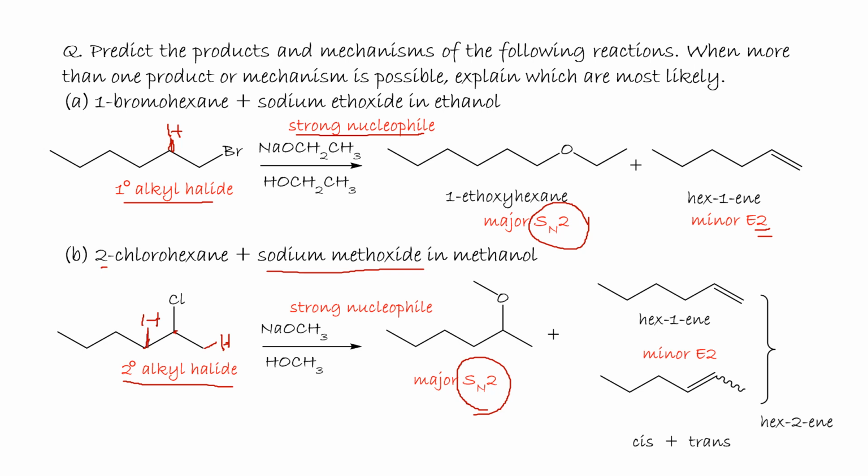The elimination of this hydrogen will form more substituted alkene, so this one will be a major. This one is a disubstituted alkene and could be a cis or trans mixture, and of course the other product will be 1-hexene, that's monosubstituted alkene, E2 mechanism.